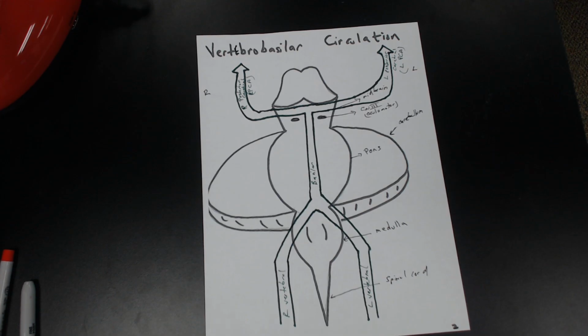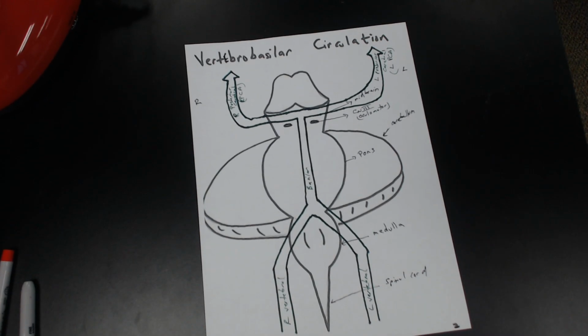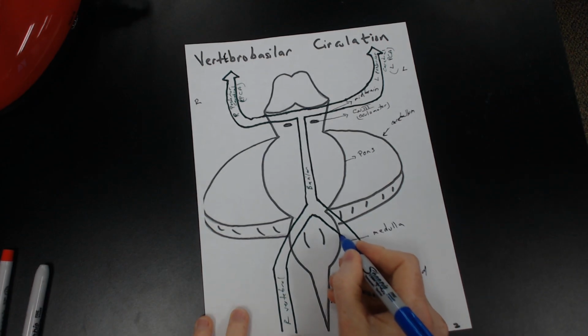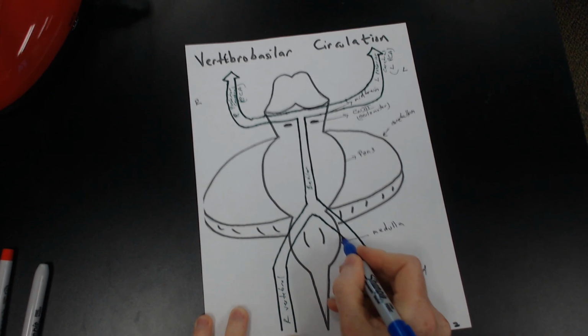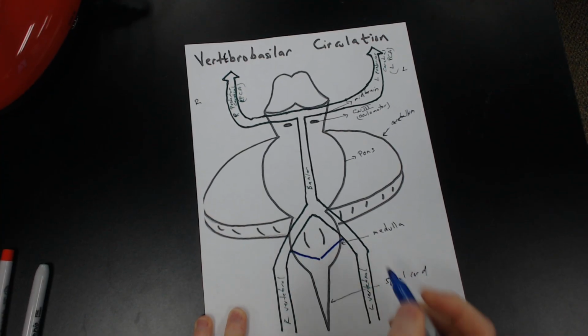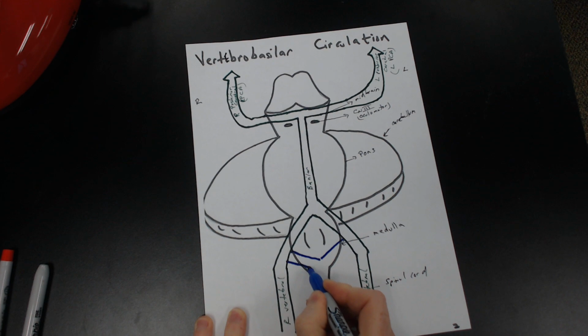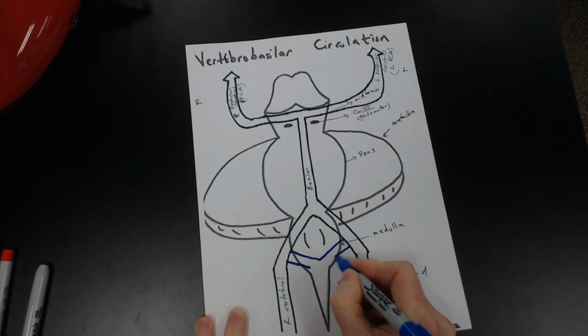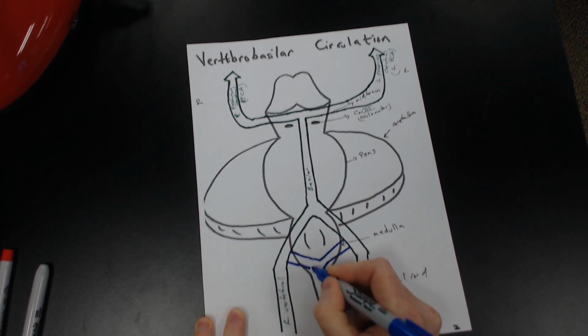All right. Now, not done yet. This is the vertebral basilar system. This is the basis of it. Coming off the vertebral artery down here, coming off the right and the left, you're going to have one main artery coming down.